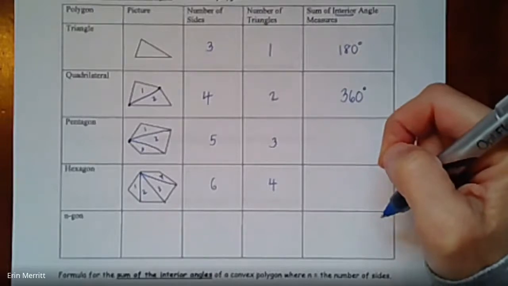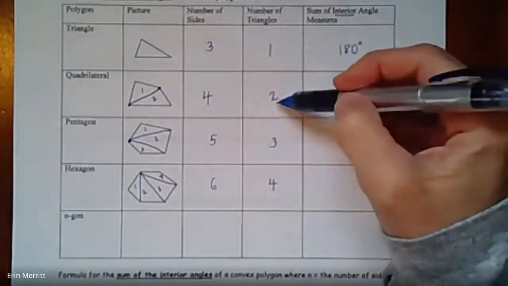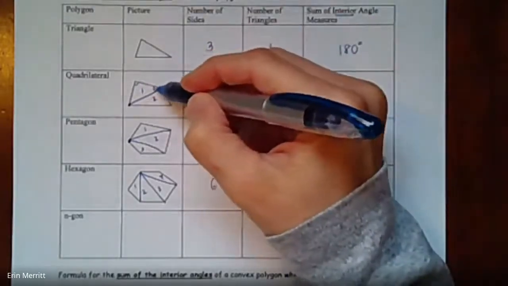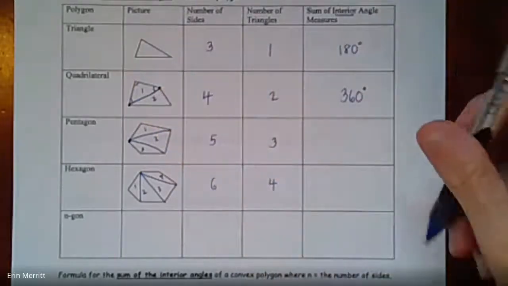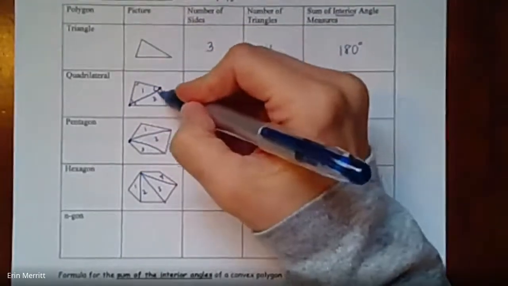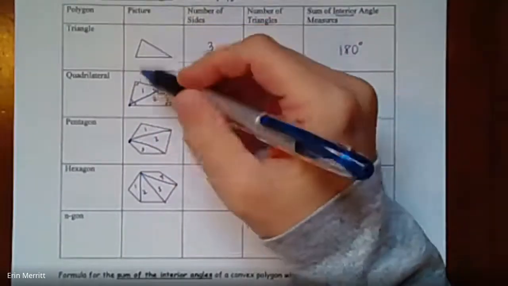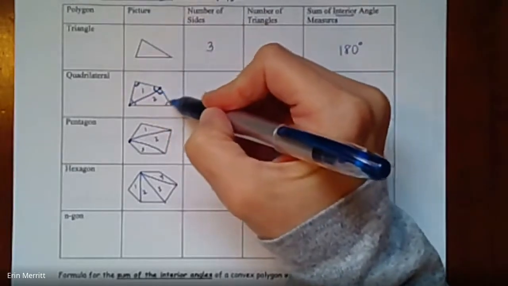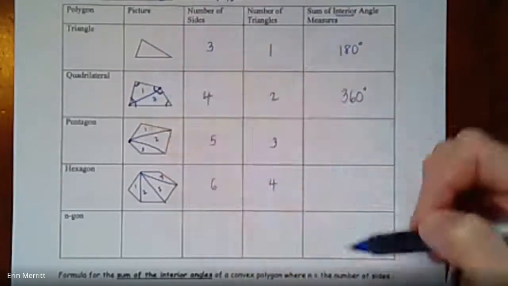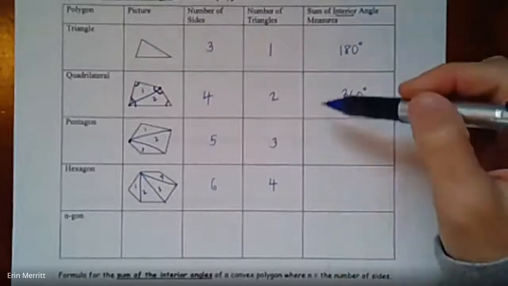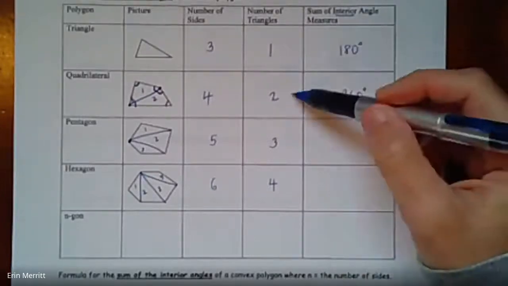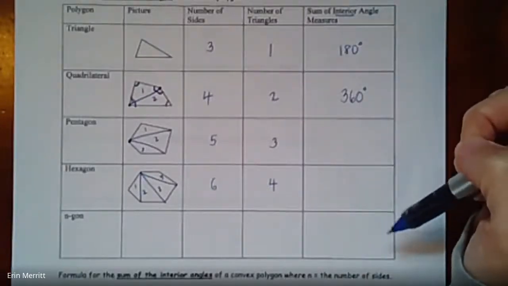Or the other way you can think of it is you have 2 triangles. So if I highlight the corner angles of my triangles, altogether, they create the 1, 2, 3, 4 corners of my quadrilateral. And so 2 triangles together, 2 180s, turns into that 360.